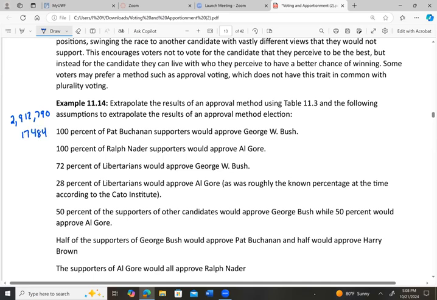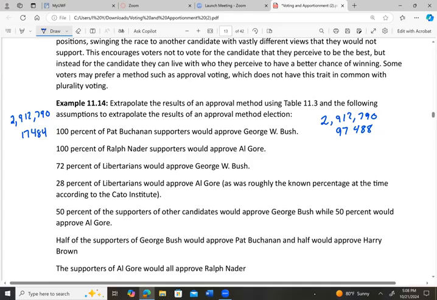Now Al Gore received 2,912,790 votes for himself, and he's going to receive 100% of Ralph Nader's votes, which was 97,488. Now, next we're going to say 72% of libertarians would vote for George W. Bush.